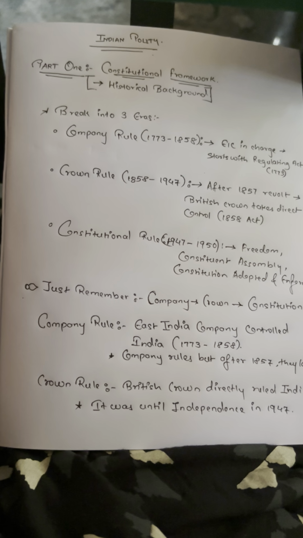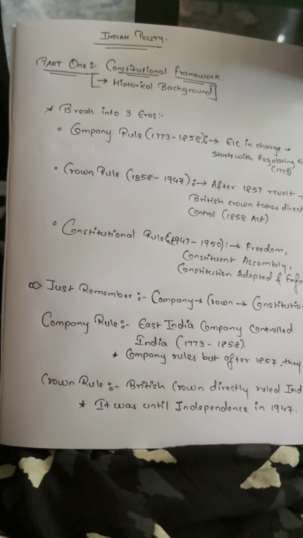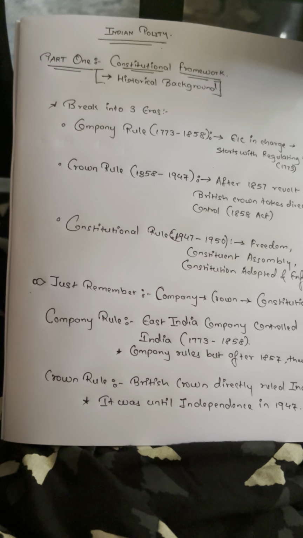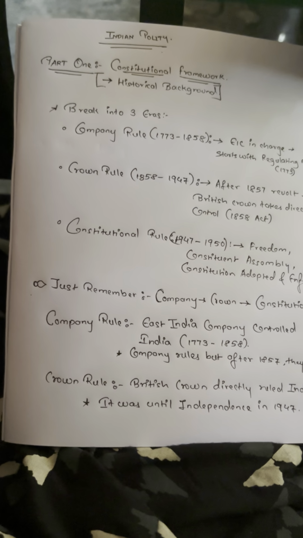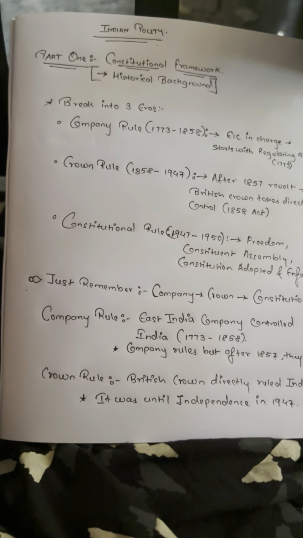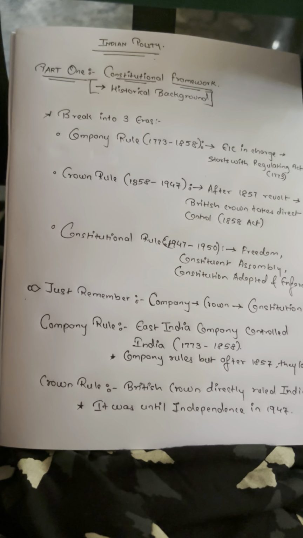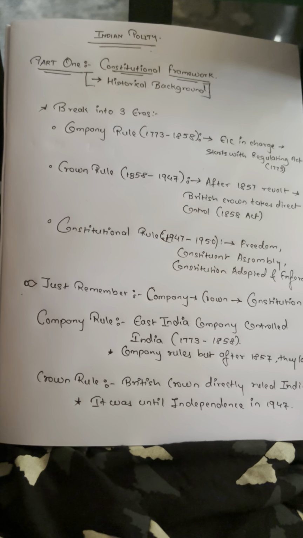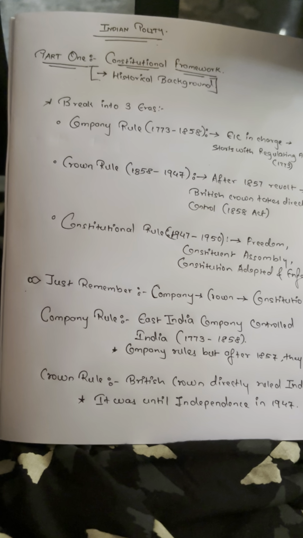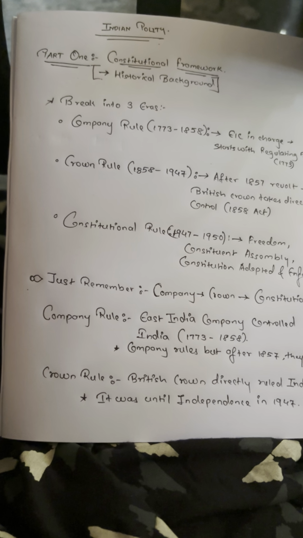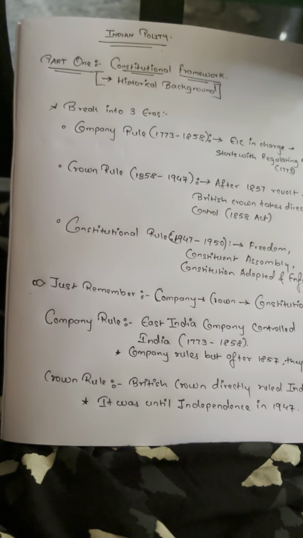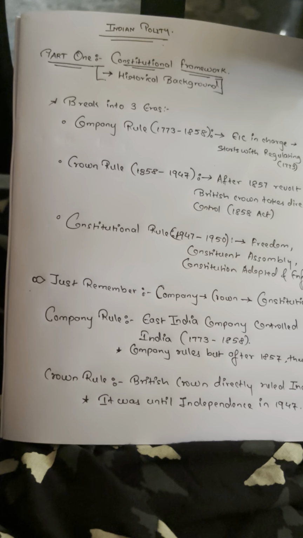Centralized administration with gradual reforms, that is Indian Councils Act 1861, 1892, Morley Minto Reforms Act 1909, Montagu Chelmsford Reforms 1919, Government of India Act 1935. And further it ended with the Indian Independence Act 1947, by which power was transferred to Indians. India and Pakistan were created.